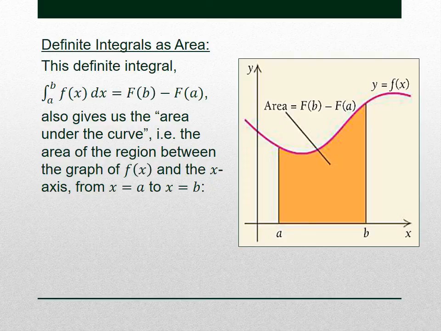This definite integral from a to b of little f of x gives us the area between the graph of f of x and the x-axis from x equals a to x equals b. That's how we can interpret definite integrals as area.